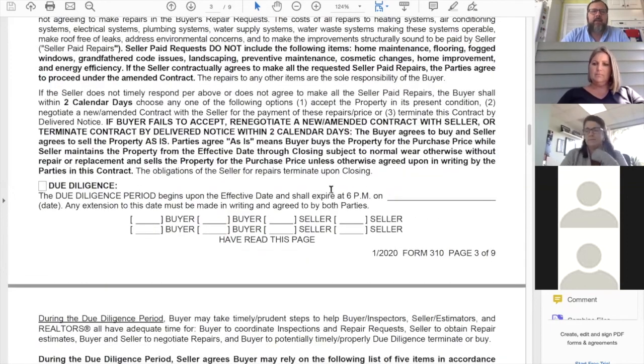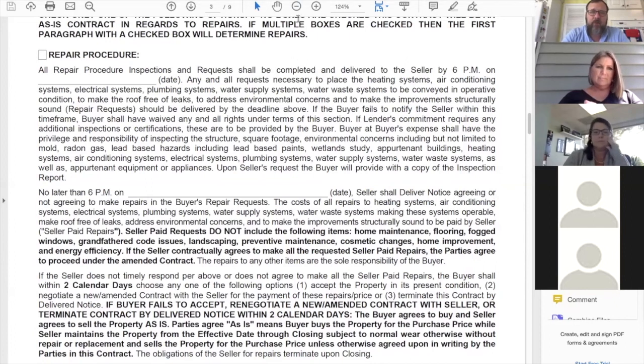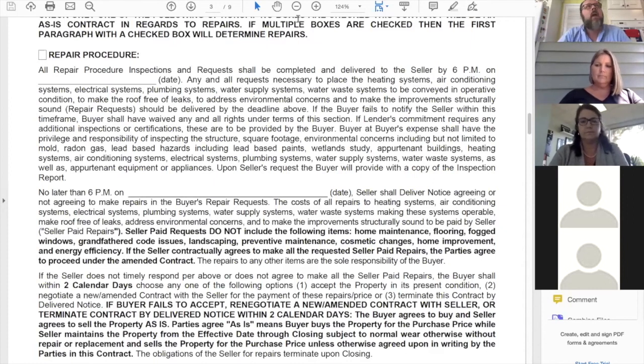And then lastly, repair procedure. So repair procedure basically is the inspection of a house with pre-agreed upon repairs. And this is becoming more frequently used because it's a more appealing contract from the seller standpoint.